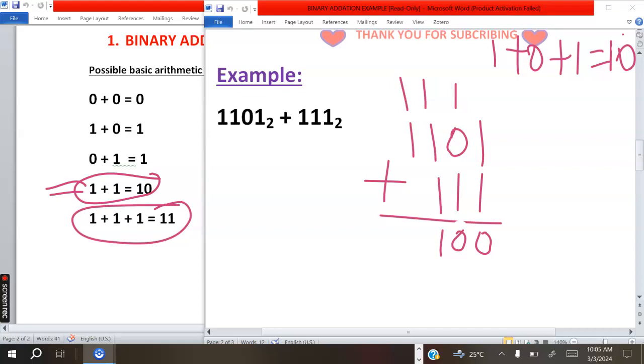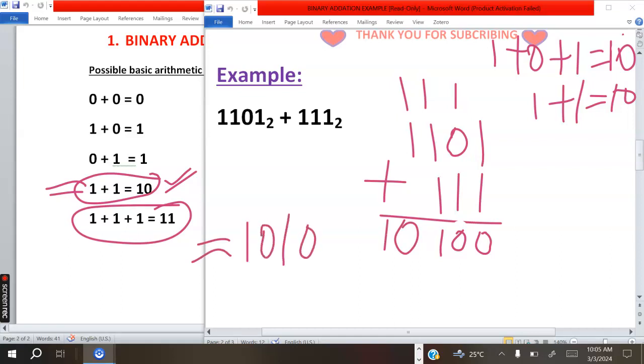After you carry it, we apply this particular rule again. 1 plus 1 is equal to 1, 0. Therefore, this will be 1, 0. Therefore, our final answer will be 1, 0, 1, 0, 0 base 2.